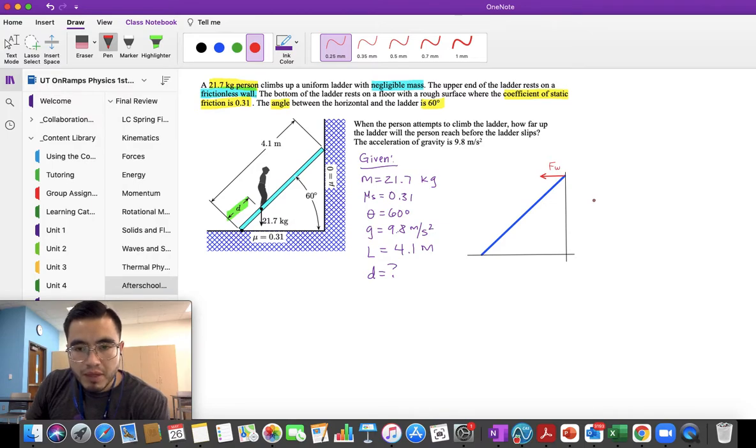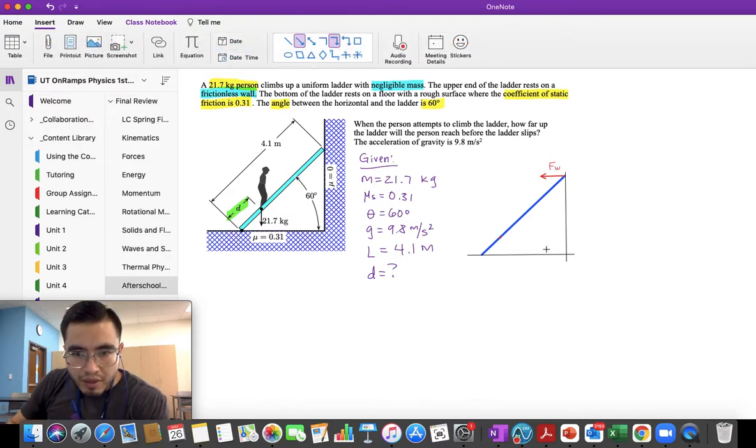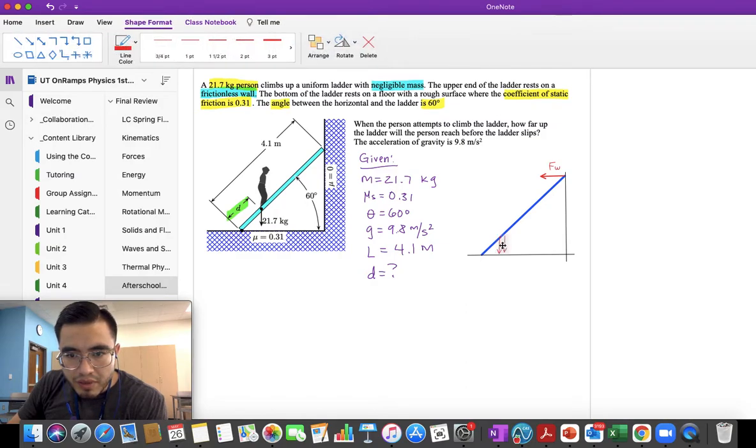Okay. And then we have this person standing here based on the distance d, right? This is how far up the ladder this person is standing. So more or less around here. So we're going to add the weight vector for this person.